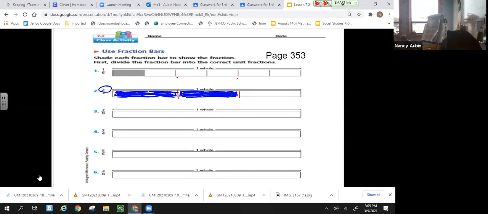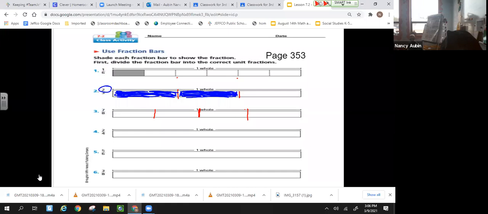So I'm going to find my halfway mark and put a line. Go ahead and do that. And then you have 2 equal parts. Then you have to eyeball each of those parts and divide those in half. So now I'm looking at this. I'm going to divide that in half. I'm going to look over at this rectangle and divide that in half.